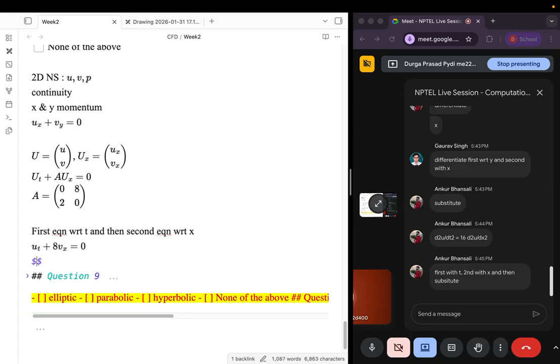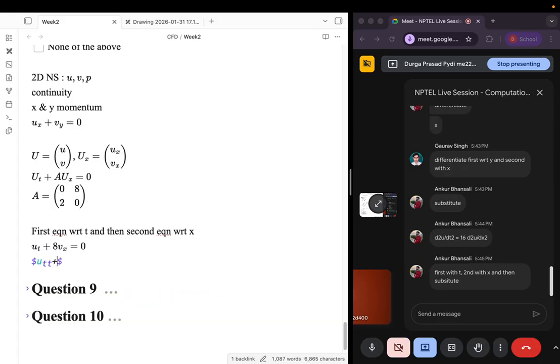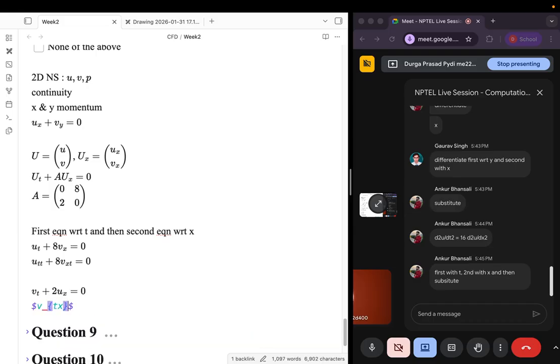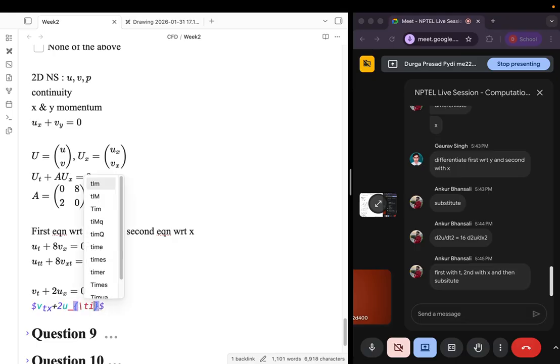If I take the derivative of the above equation with respect to t, I get utt plus 8vxt equal to 0. Similarly, my second equation is vt plus 2ux equal to 0, and if I take the derivative of the second equation with respect to x, I have vtx plus 2uxx equal to 0.